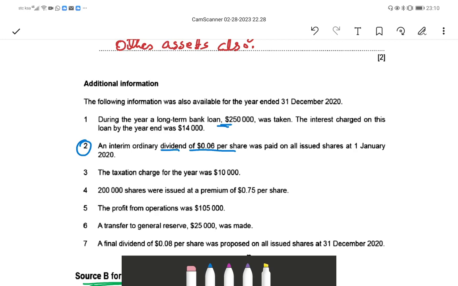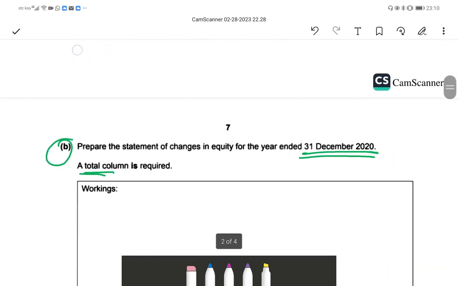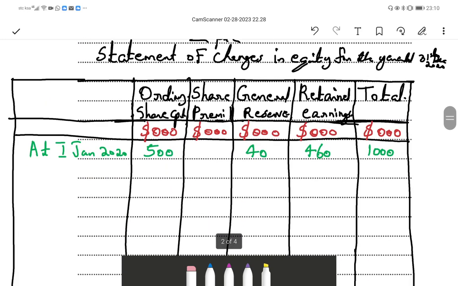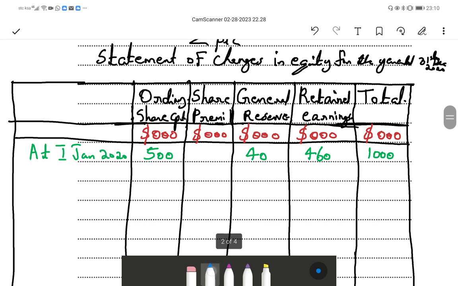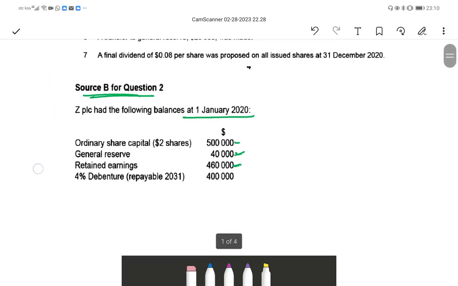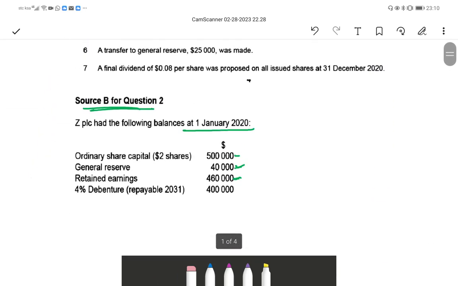So, next is ordinary dividend. Dividend is 0.06 per share.